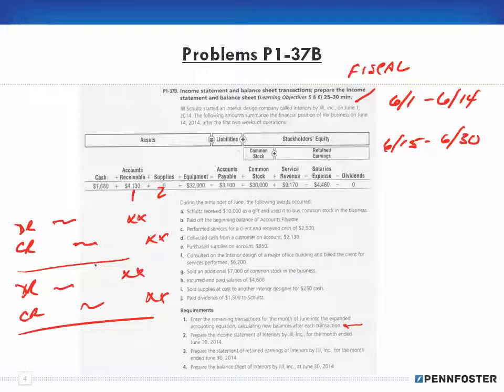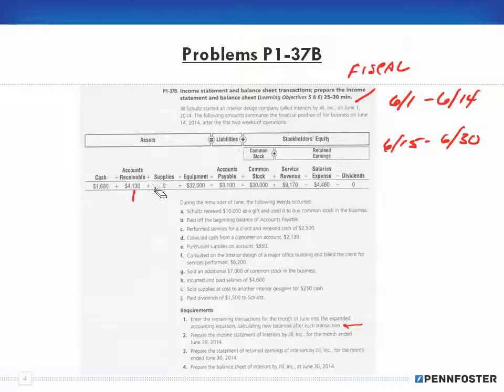Once we've made the journal entries, we would post them to our general ledger accounts. And that's kind of like what they're doing here. It seems like they're skipping over the fact that we make journal entries, and they're just jumping right into posting to the general ledger accounts, which these are the ledger accounts.